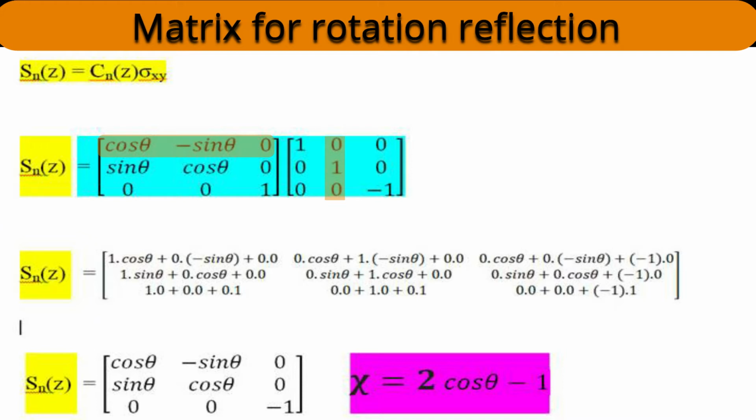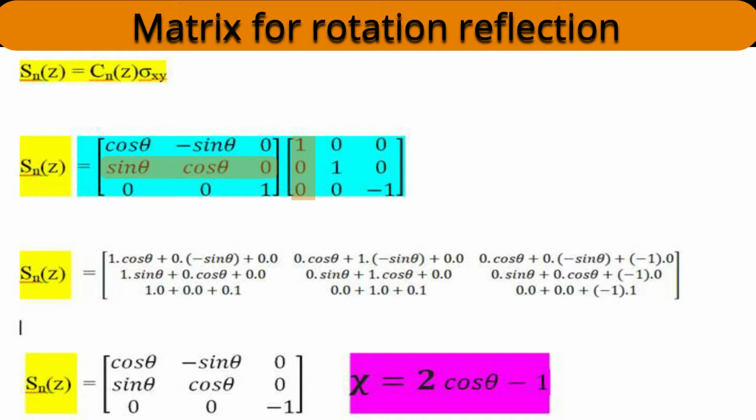Now how to generate the third element from the first row? Take the first row of the first matrix and the third column of the second matrix. Multiplication will be 0 into cos theta plus 0 into minus sin theta plus minus 1 into 0. Now let us obtain the multiplication for the second row of the first matrix and various columns of the second matrix.